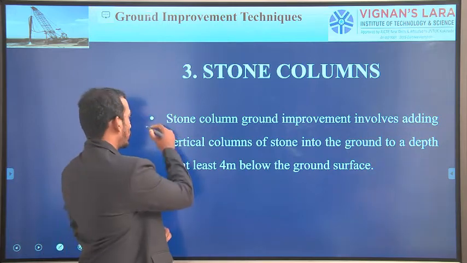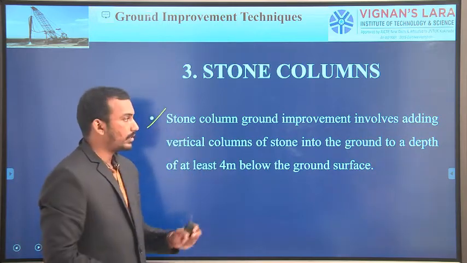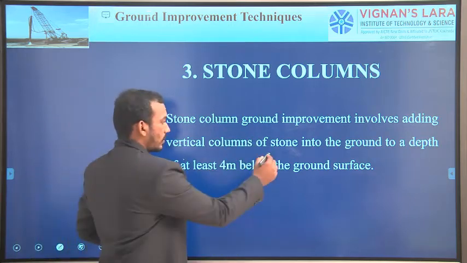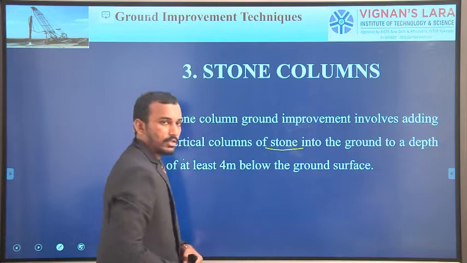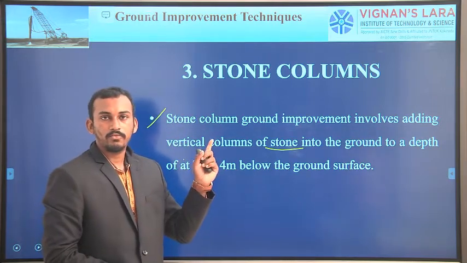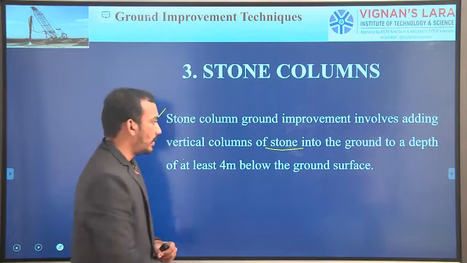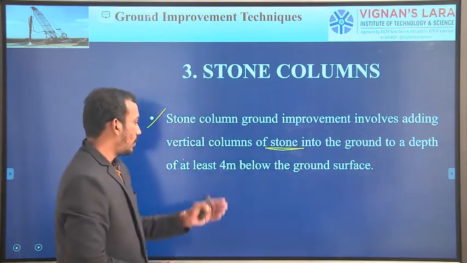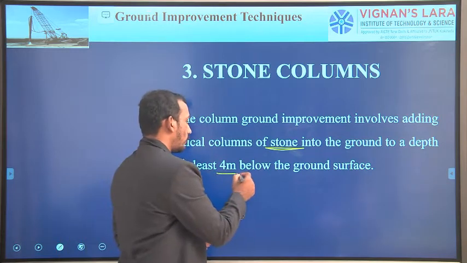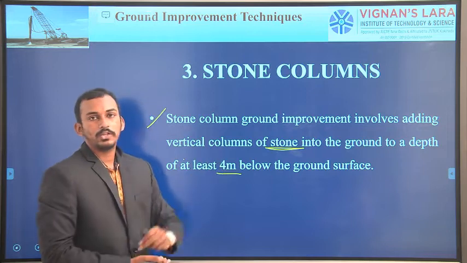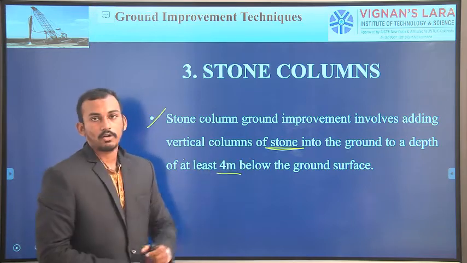Okay, so let's see. Stone column involves adding of vertical columns of stones. Okay, this is the only difference between vibro replacement and stone columns. In vibro replacement we use new soil, but here we are using stones as a new material. Okay, to compact the ground at least 4 meters below the ground surface. So at least 4 meters we need to lay these stone columns.